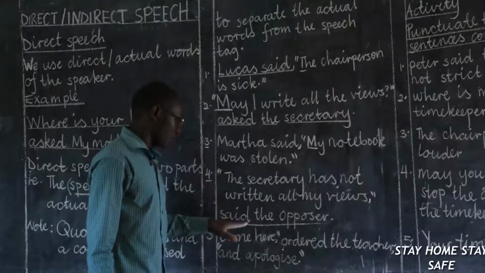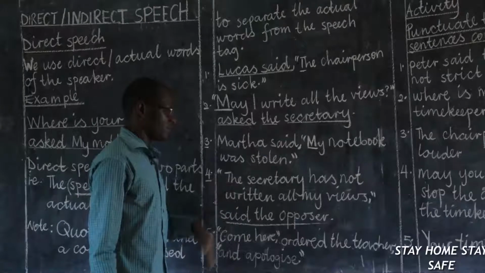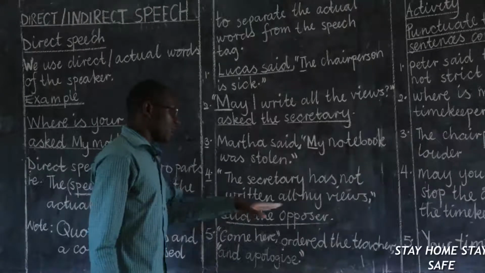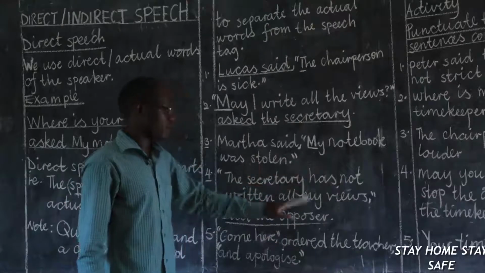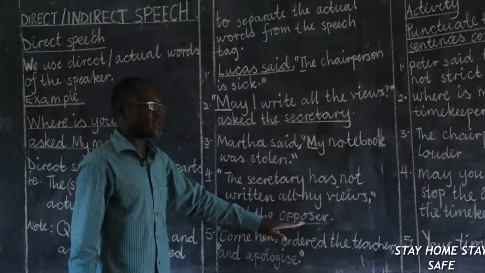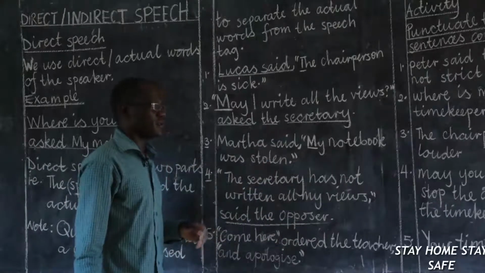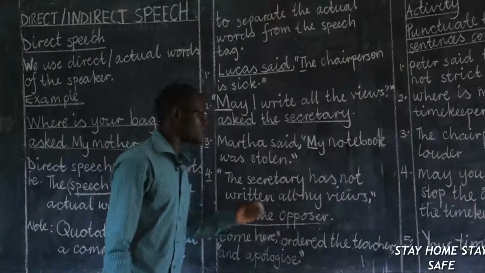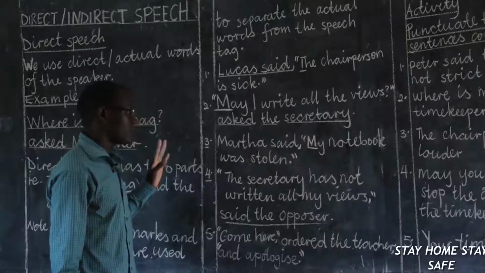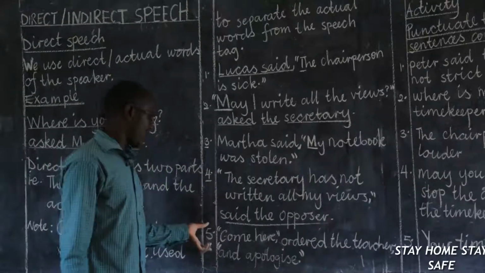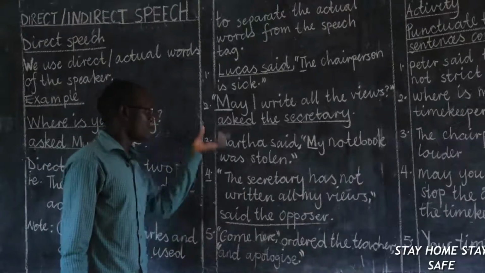Then we use our own words to say what he said, the opposer said. This comes to tell us that what we have said up here is not our own words. They are someone's words. The way they were said, in the actual way, we don't change anything. Example number 5 looks a bit different from the first 4.